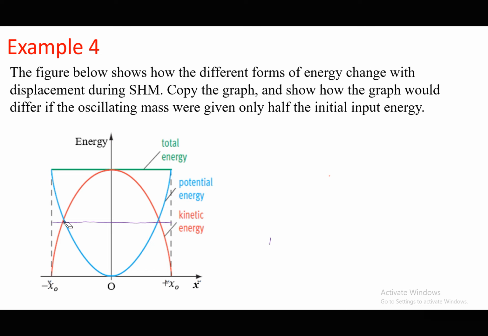So total energy is going to be half of the initial total energy. So this horizontal line, let me use a green. The new total energy is going to be this one here. This is going to be total energy.